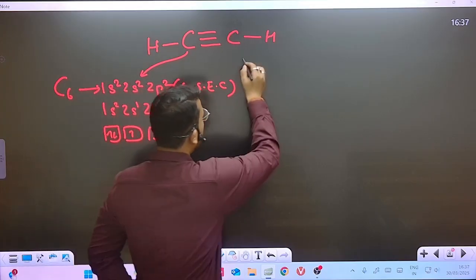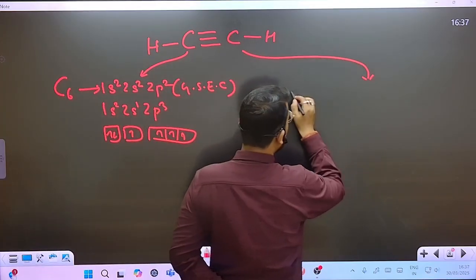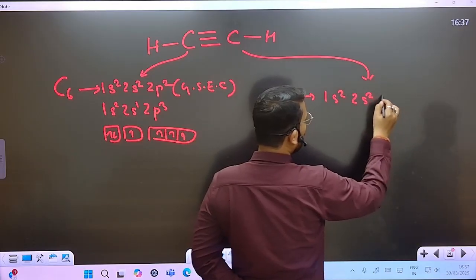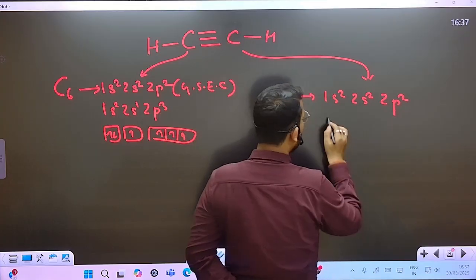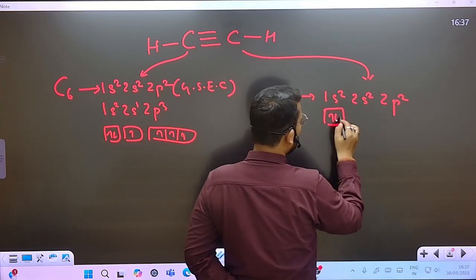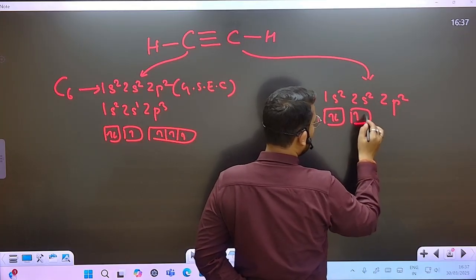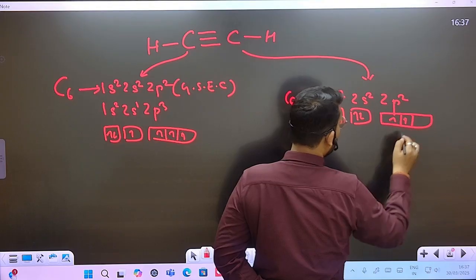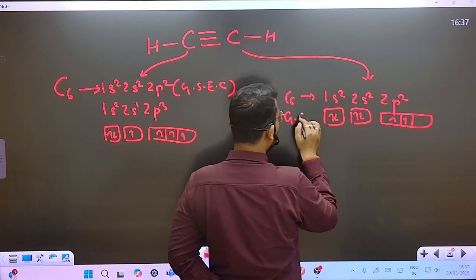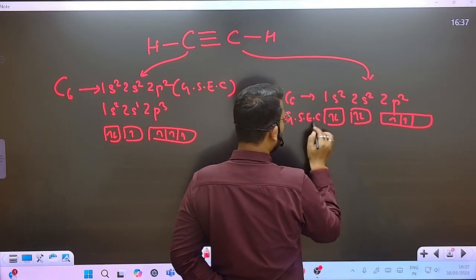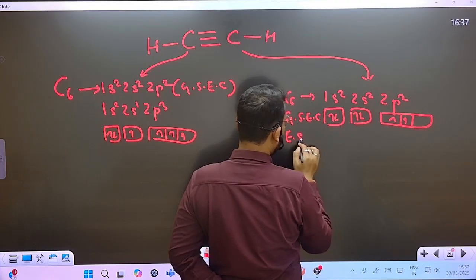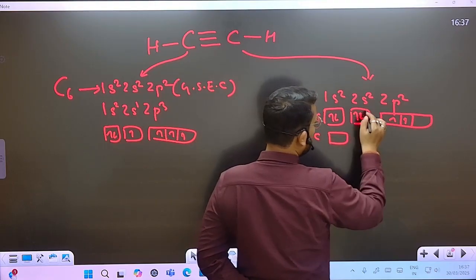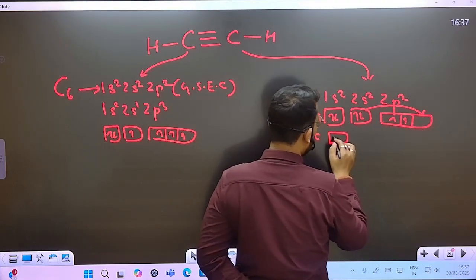And in the same way, this carbon has electronic configuration 1s2, 2s2, and 2p2. And in the excited state electronic configuration, one electron will jump to this orbital.